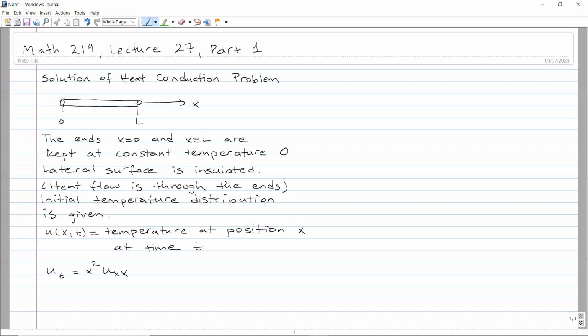The ends x equals 0 and x equals L are kept at constant temperature 0. So these are called boundary conditions. When x equals 0 or L, at all times the temperature is 0.